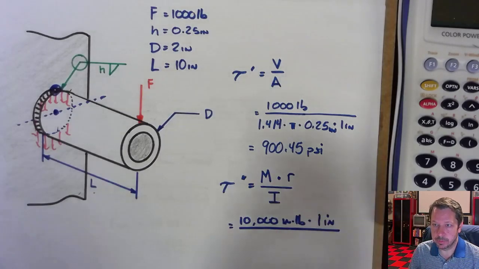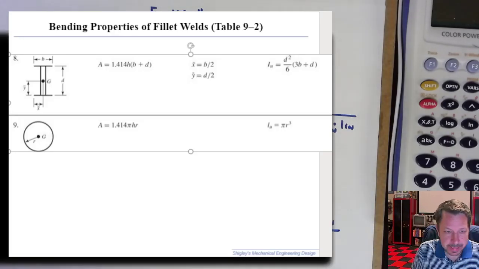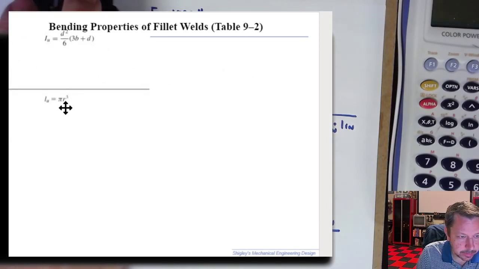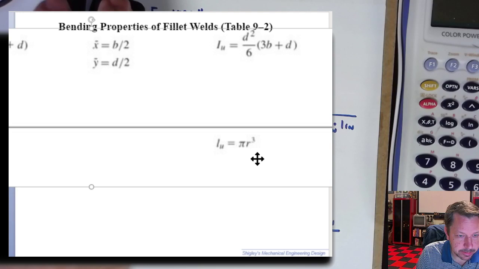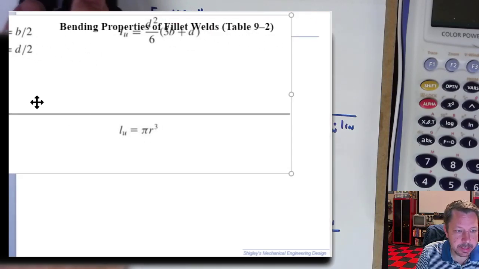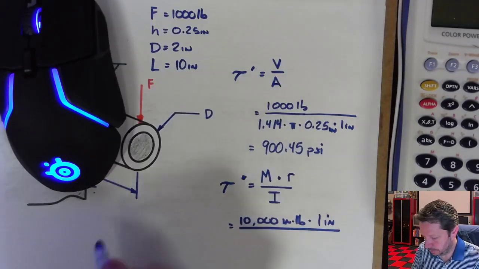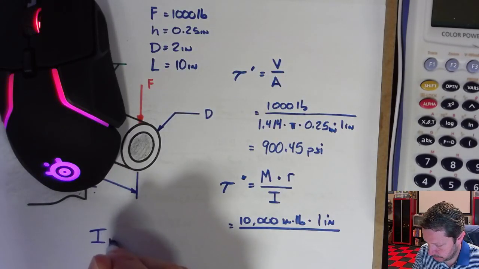over I. So I, we've got to go back and look up. I is over here. I'll just zoom in so I can see it. I_u equals pi r cubed. That's it.